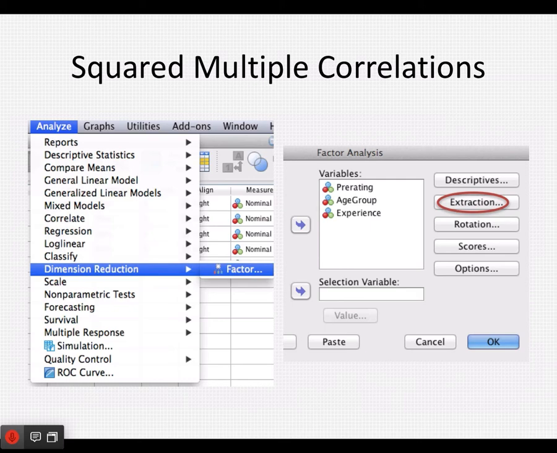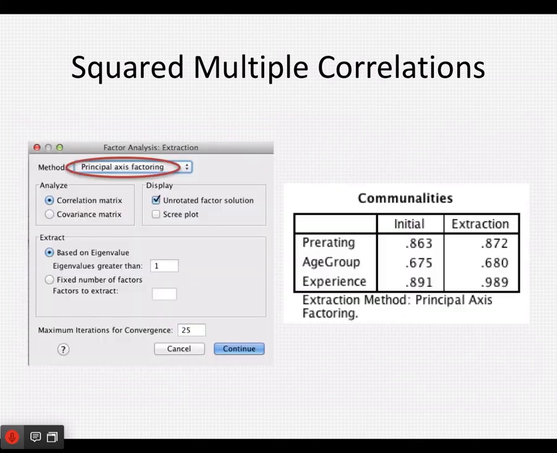If it's a regression, put in the predictors. If it's covariates, put in the set of covariates. And choose Extraction, and under Extraction, select principal axis factoring. And then after you hit Continue and Run, you will have this table of communalities.